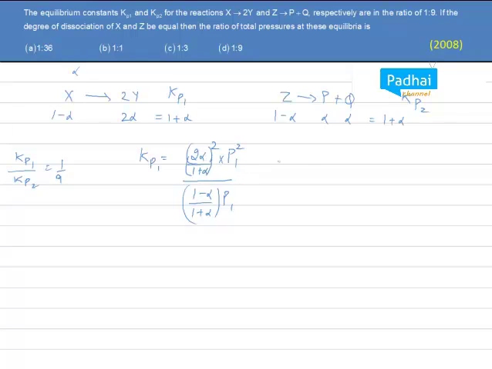And for Kp2 it will be alpha divided by 1 plus alpha into P2.